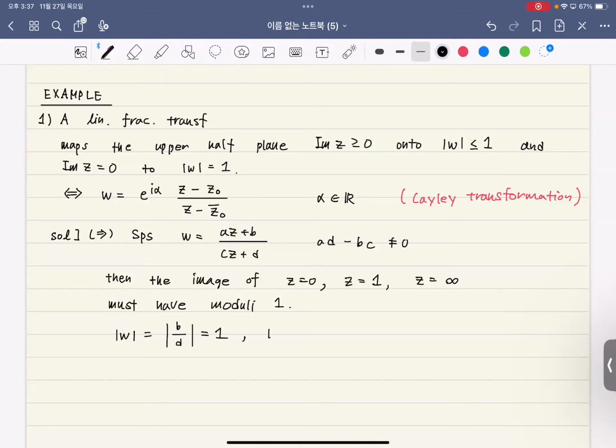On the other hand, if you plug in z equals infinity, the function value at infinity is just a over c, right? And so this number must also have modulus 1. So |b| is |d|, and |a| is |c|.